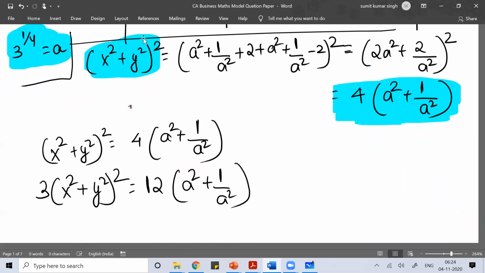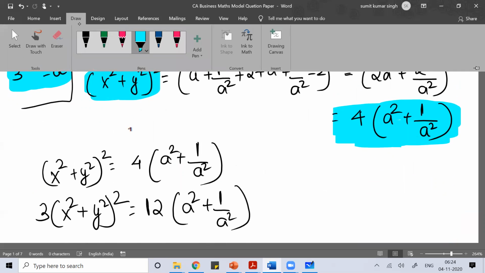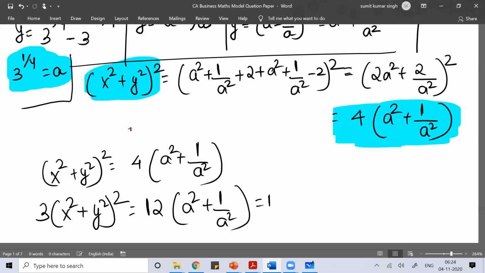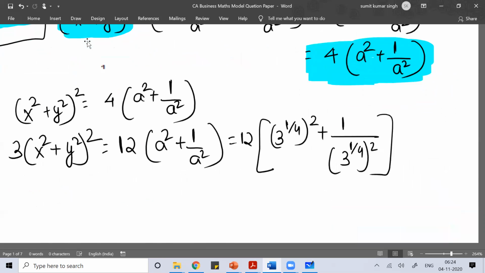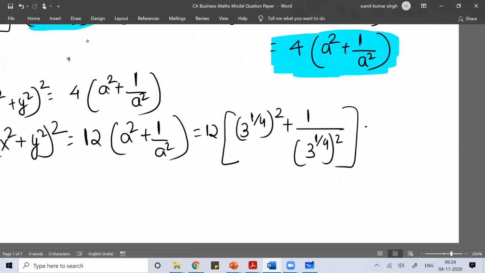So what I can do here, I can write this as 12. And a square means 3 to the power 1 by 4 whole square plus 1 by 3 to the power 1 by 4 whole square. So this is 12. 3 to the power 1 by 4 whole square would be 3 to the power 1 by 2, plus 1 by 3 to the power 1 by 2.